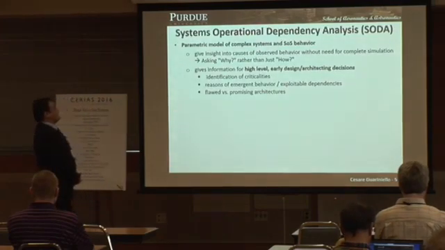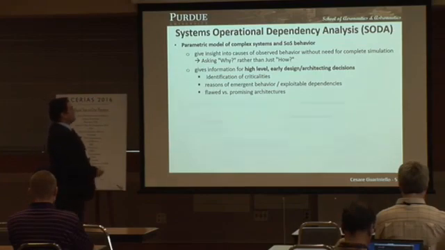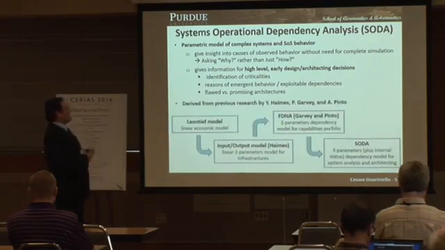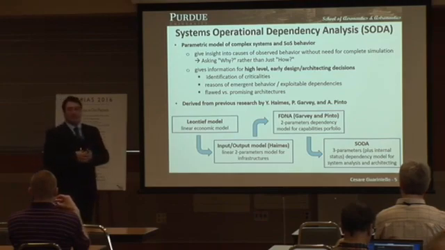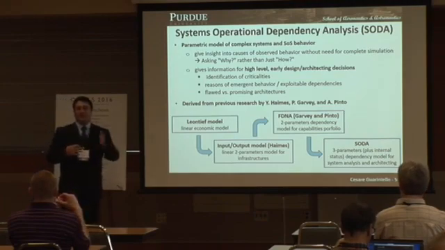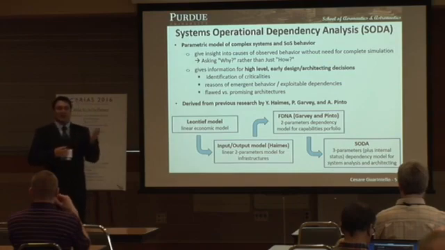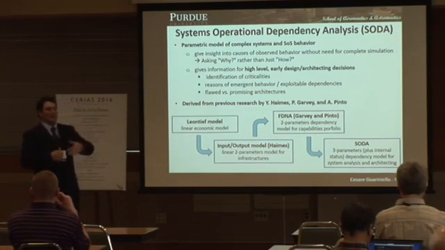So let's switch to a little more technical talk about SOTA. This is the first of the 4 summary slides. SOTA is a parametric model of system behavior. It all starts from simple linear economic models, trying to match inputs and outputs and see how our outputs behave when the inputs change.